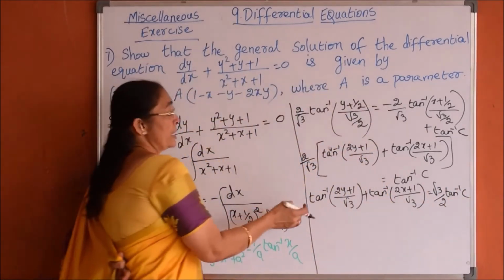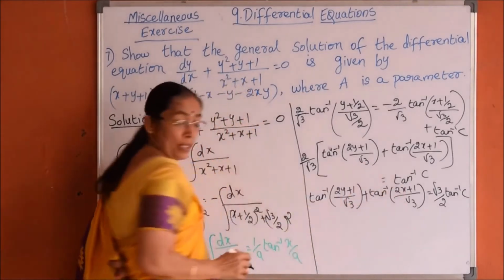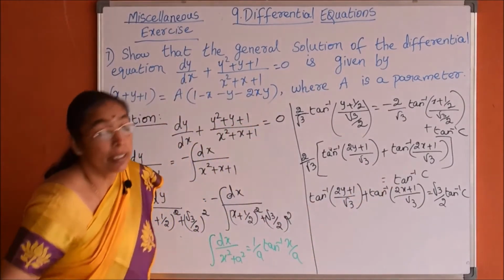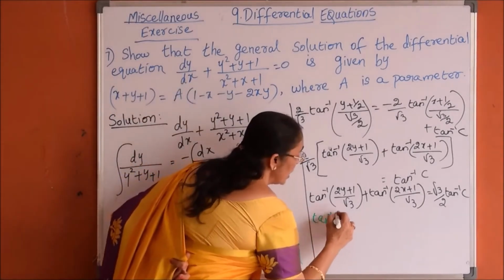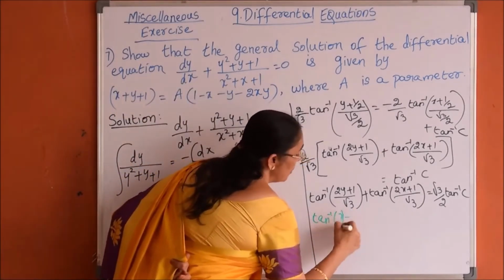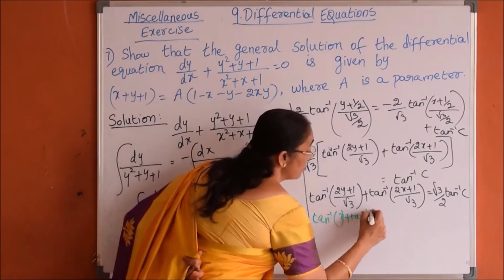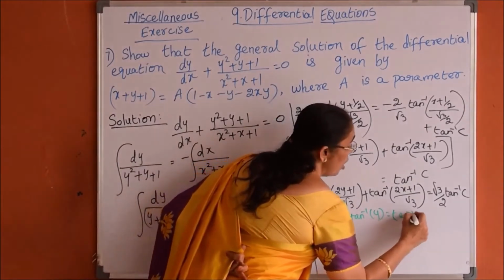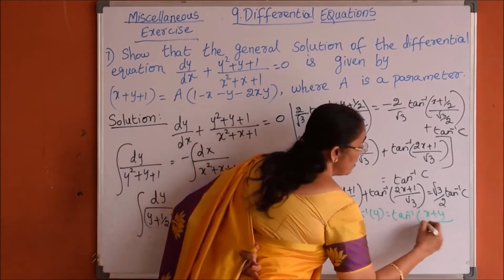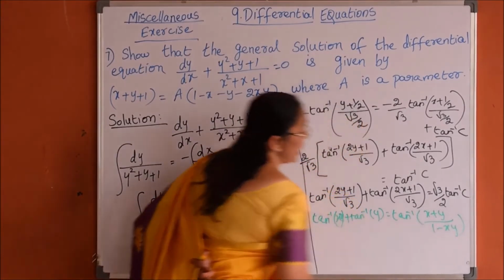Now, let us apply the tan inverse x plus tan inverse y formula. Tan inverse of x plus tan inverse of y is given by tan inverse of x plus y divided by 1 minus xy.